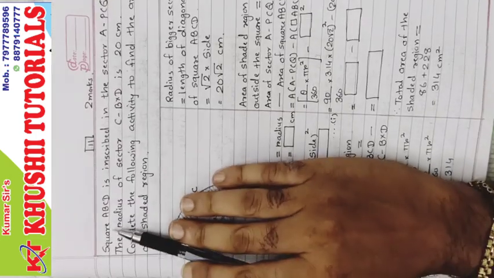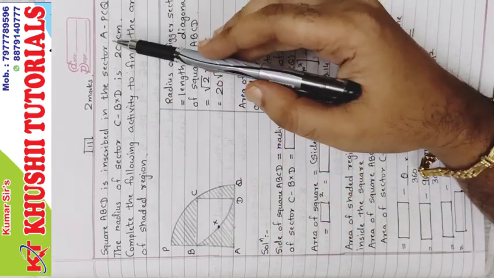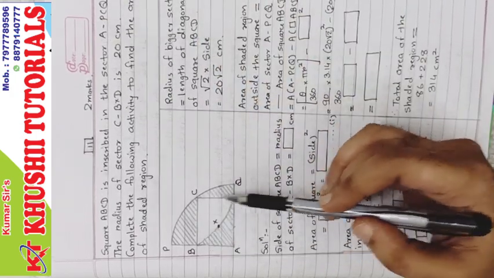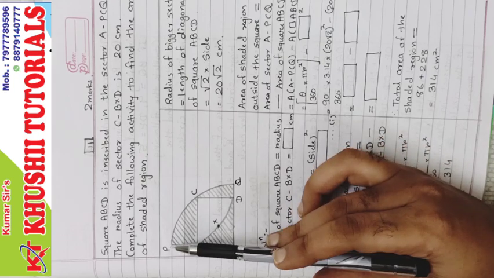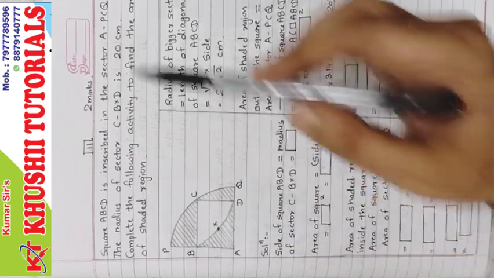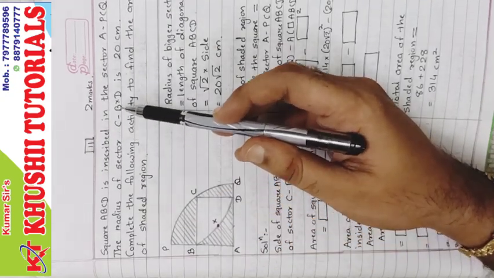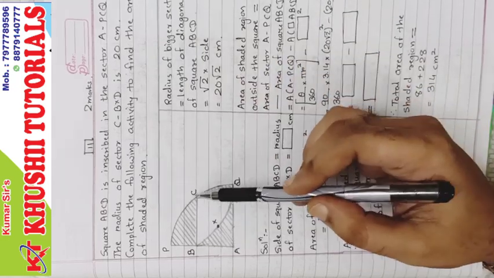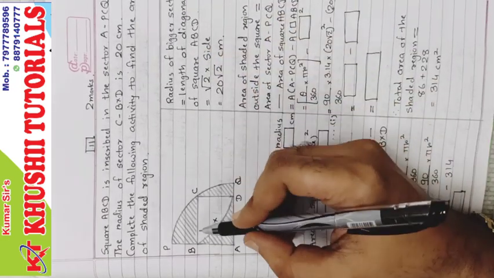Sum number 11. Square ABCD is inscribed in a sector, right? ABCD is a square which is inscribed in a sector A' PCQ. The radius of sector C' BXD is 20 centimeter. This radius is 20 centimeter.